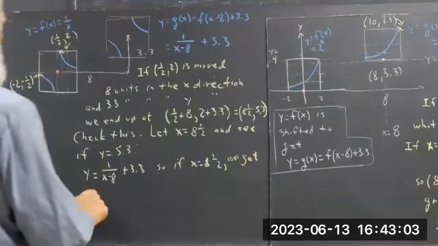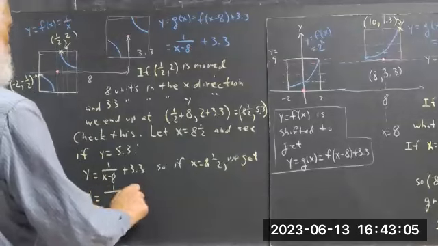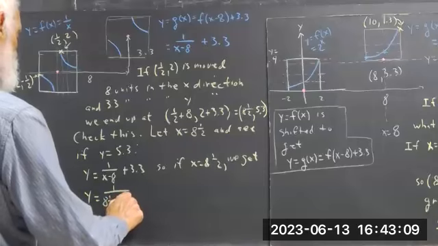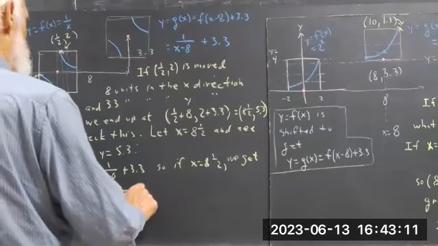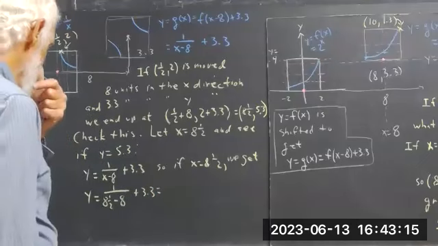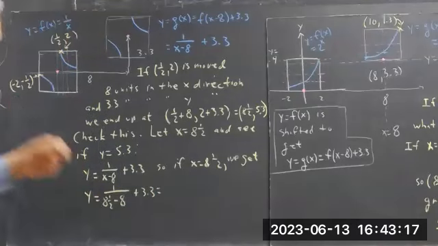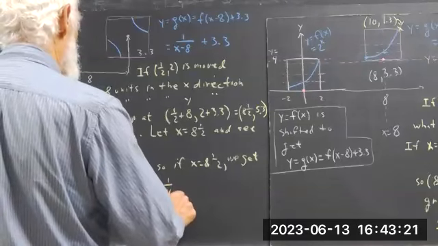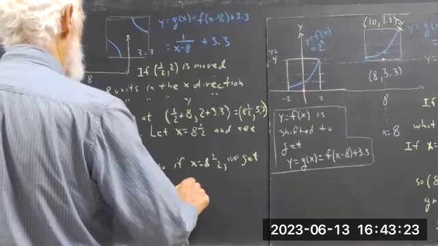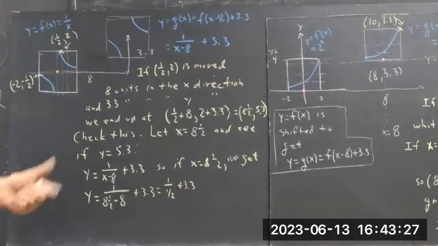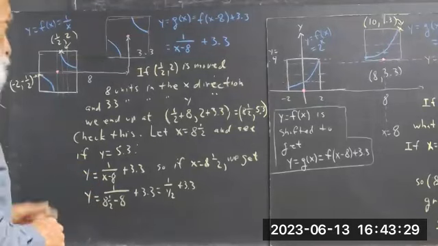we get y equals 1 over 8.5 minus 8 plus 3.3. Okay, well, what's 8.5 minus 8? Well, that's 1/2. So it's 1 over 1/2 plus 3.3. Now make sure you got your arithmetic right. Have to be able to do arithmetic of fractions.